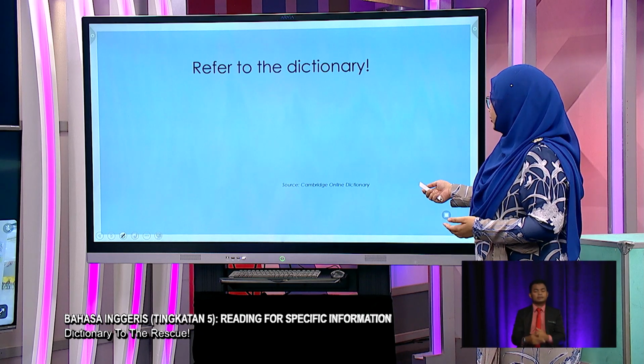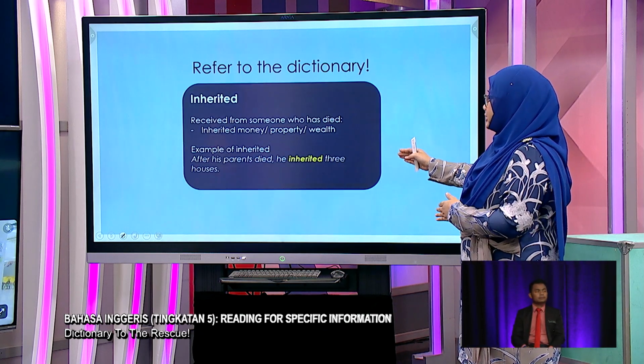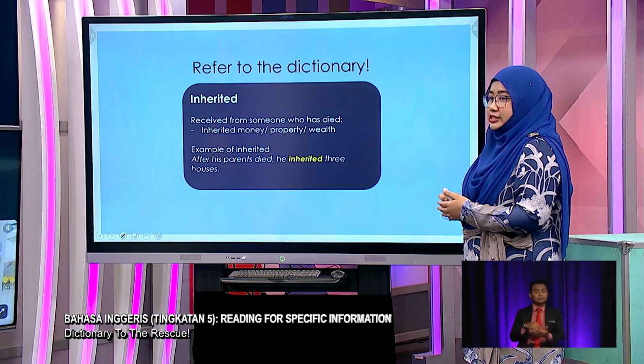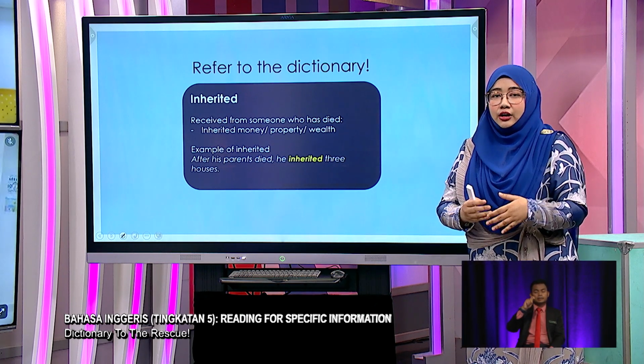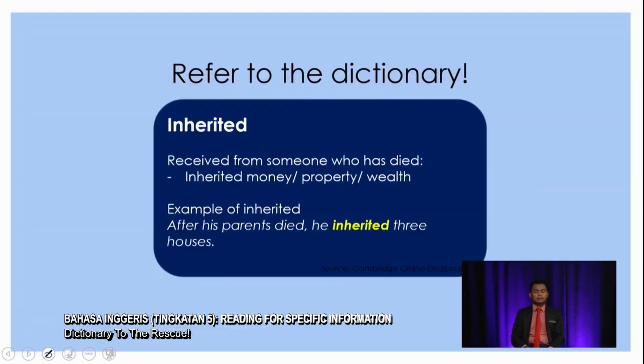So people, this is the meaning of inherited: received from someone who has died. So it could be inherited money or inherited property or inherited wealth. At the bottom, we have an example of how the word is used in a sentence. After his parents died, he inherited 3 houses. So that's how you use it.